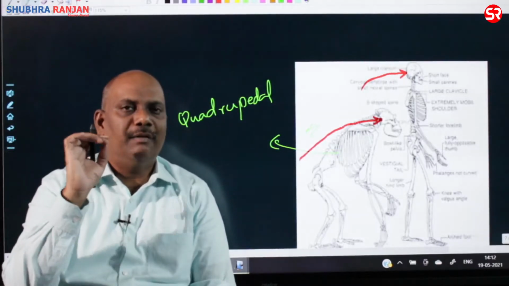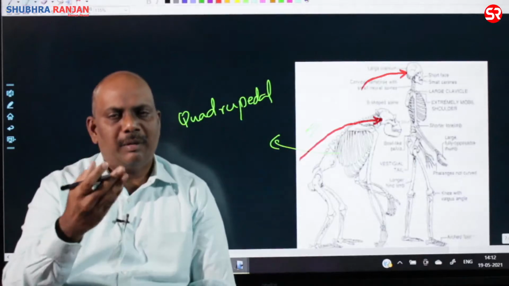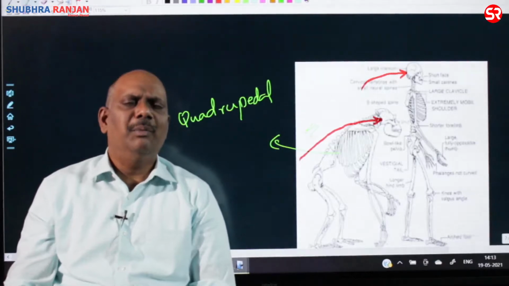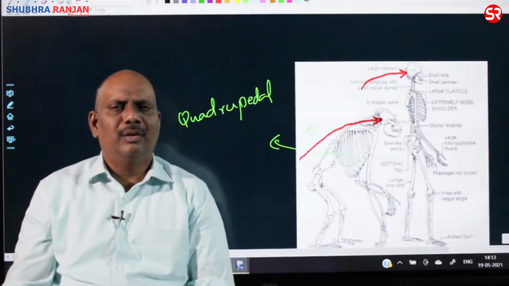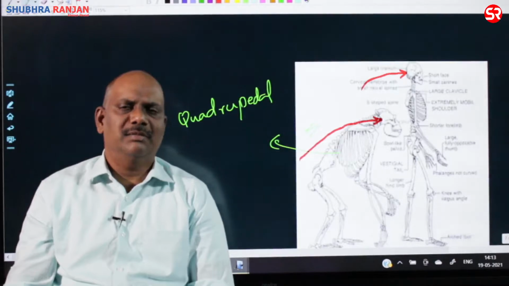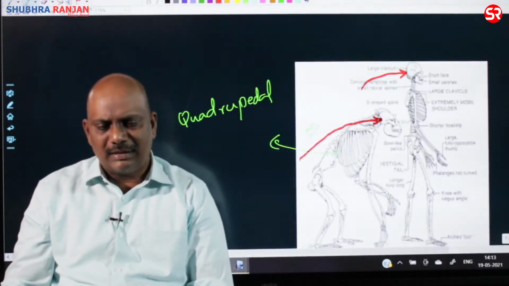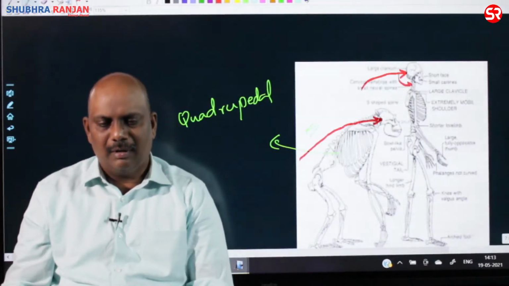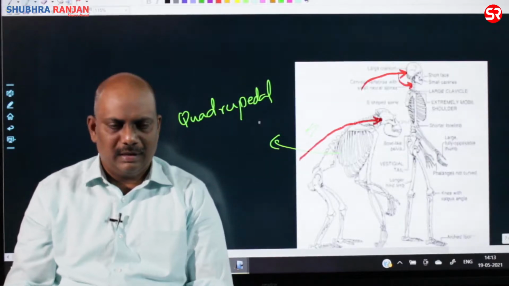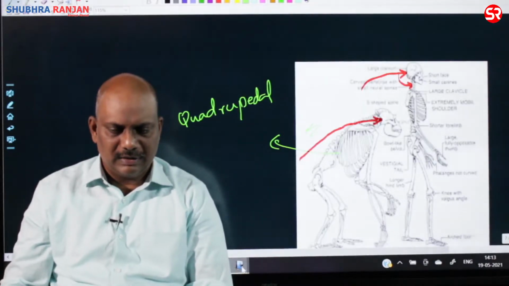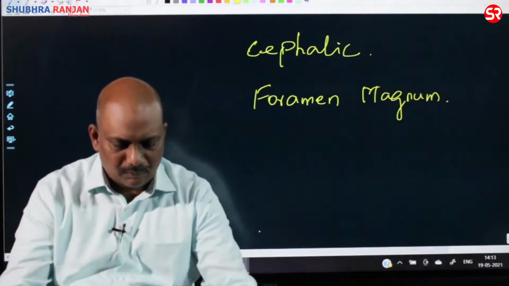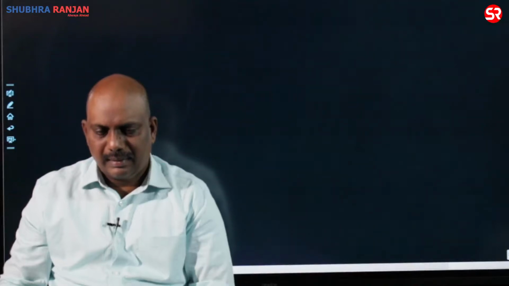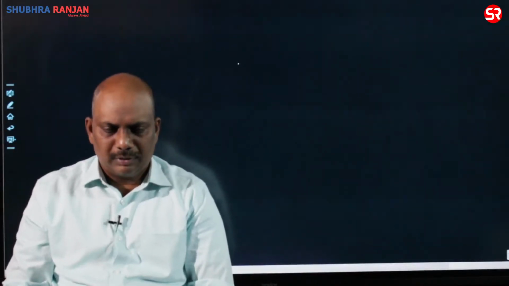So in the course of evolution, what happened? From quadrupedal, when we got bipedal locomotion, it happened over a period of a few million years. It took 40, 50, 60 lakh years for us to get this bipedal locomotion. And in this process, slowly the foramen magnum descended, and it came down. If this picture is not clear, I will draw one more and show things clearly. See here, when we had quadrupedal locomotion.